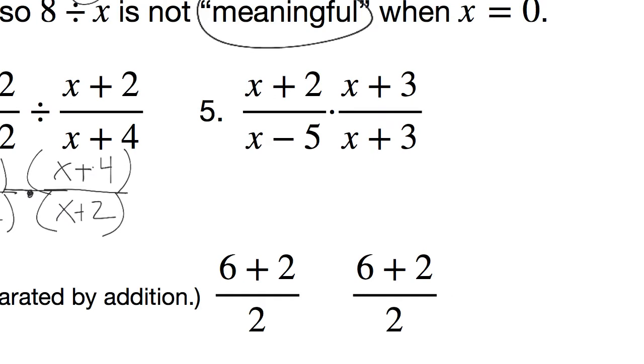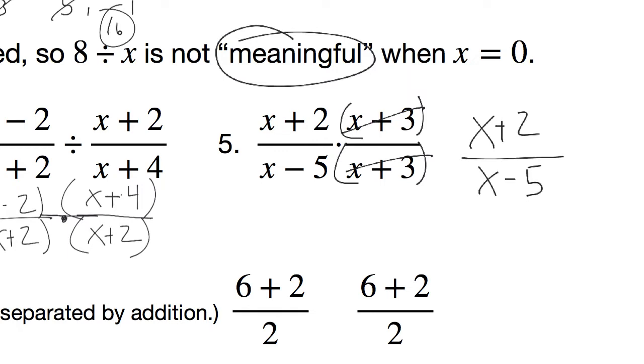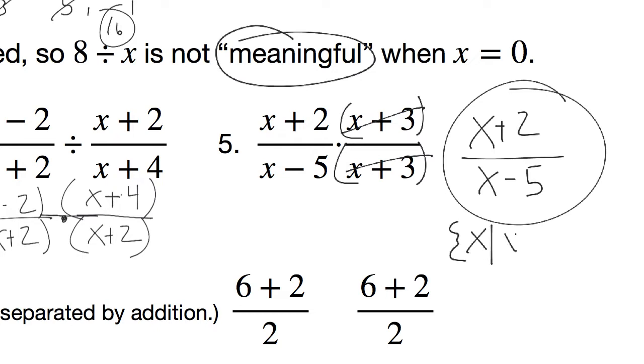For number 5, one thing I'm just going to note is that you can cancel out these and just say that the answer is (x plus 2) over (x minus 5). However, one thing you have to note is that x is still all numbers such that x is not equal to 5.